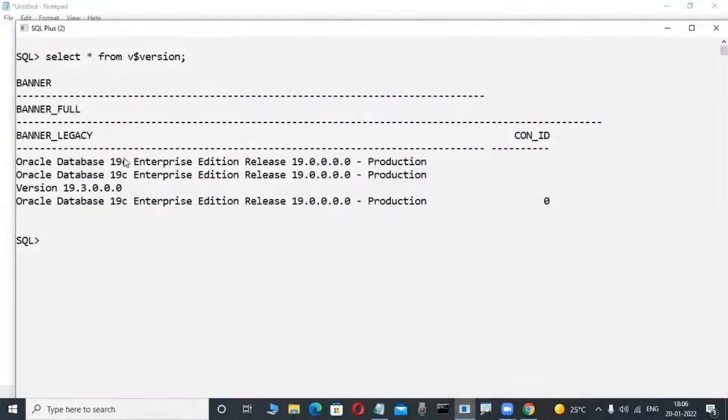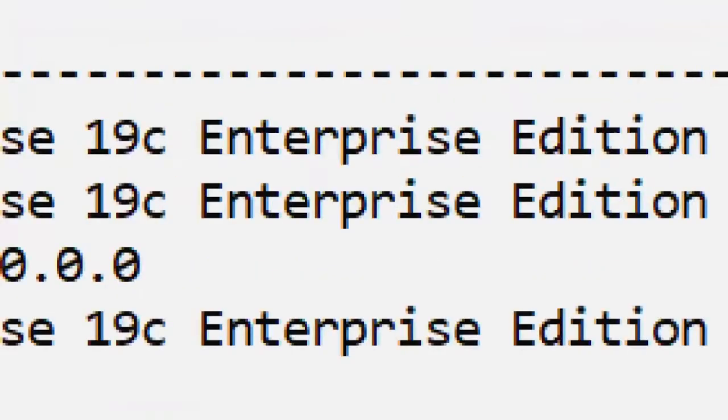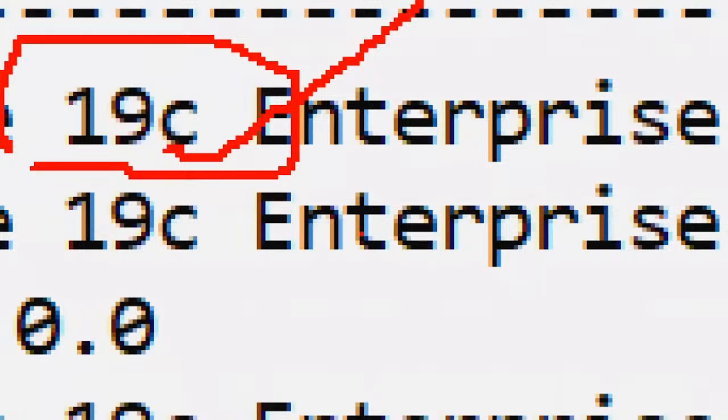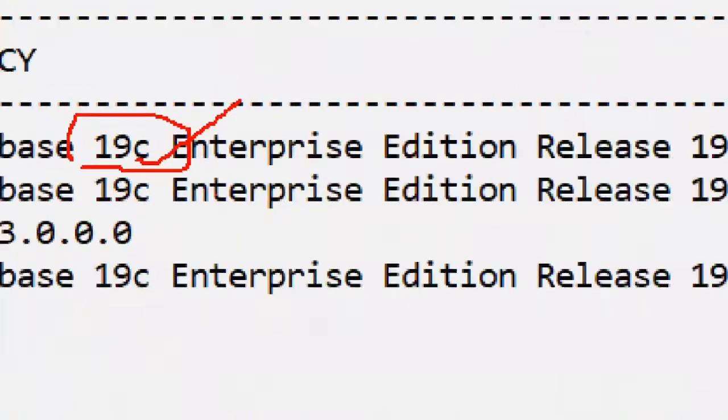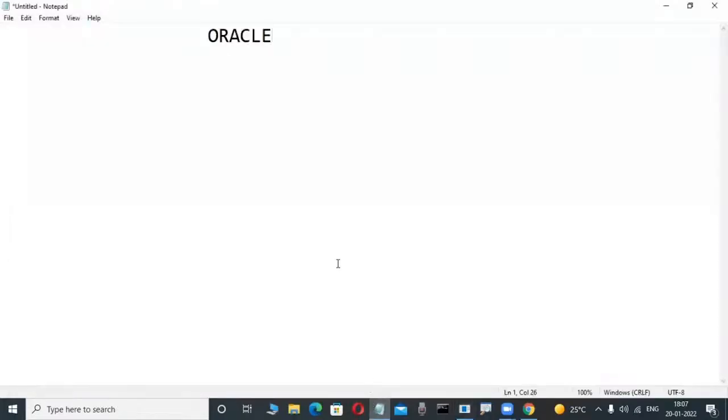That is also called 8i, 9i, 10g, 11g, 12c, 18c, 19c, and the latest one, 21c. But in our class, 19c is the software available, and we are learning only that. C means cloud technology. Cloud computing is there. In the olden days, grid computing was there. Now cloud. What is cloud and all these things, we will understand.